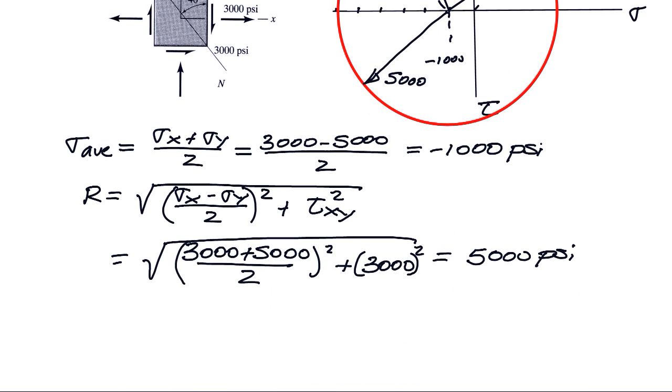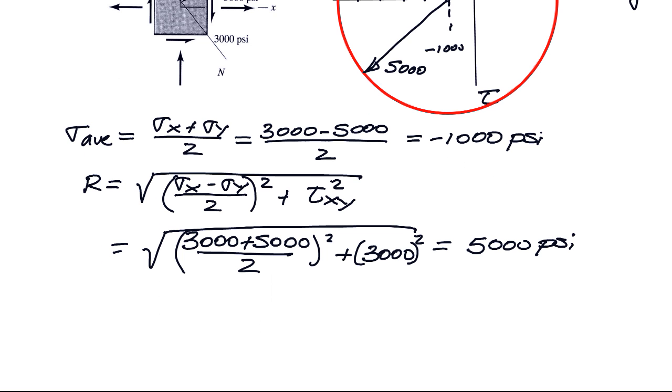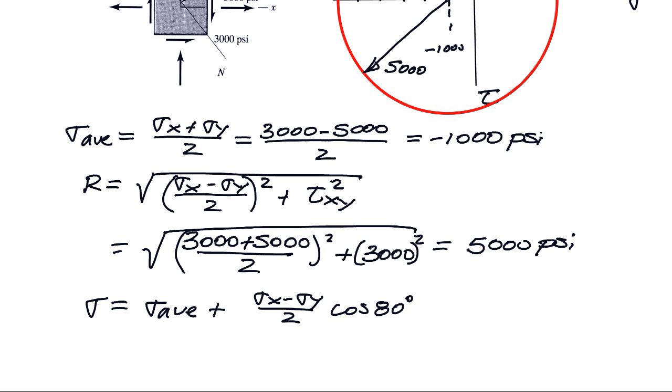Now I'll actually use the stress transformation equations, where we know that sigma is equal to sigma average plus sigma x minus sigma y divided by 2, cosine of 40 times 2, that's 80 degrees, plus tau xy times sine of 80 degrees.